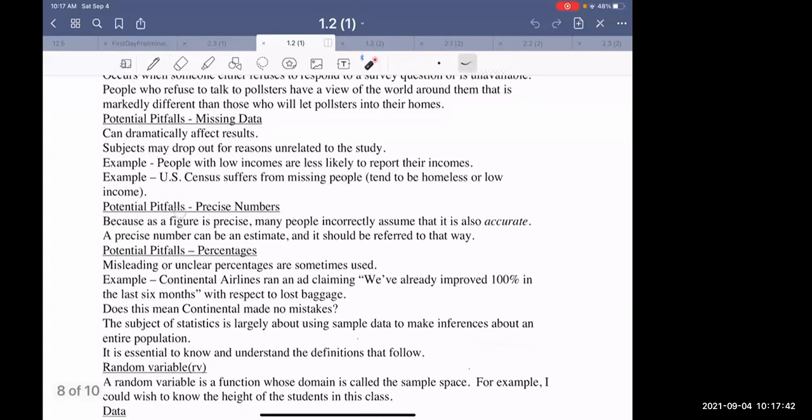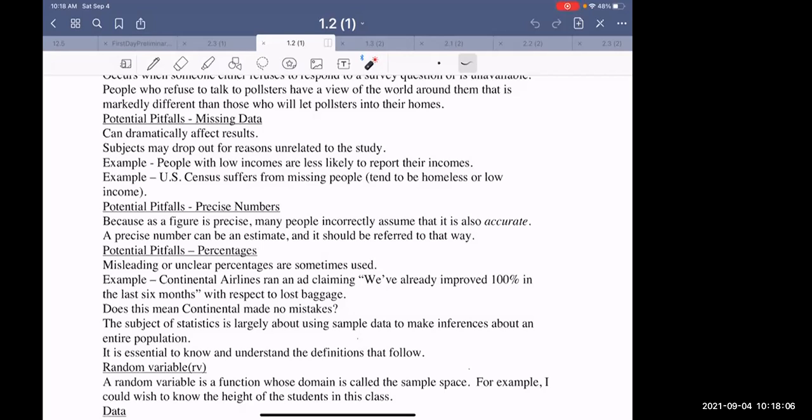Next, precise numbers. So in this class, when you do calculations, I will ask you to write all the digits that you see on your calculator.